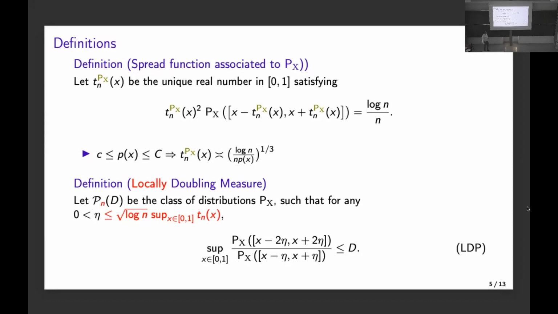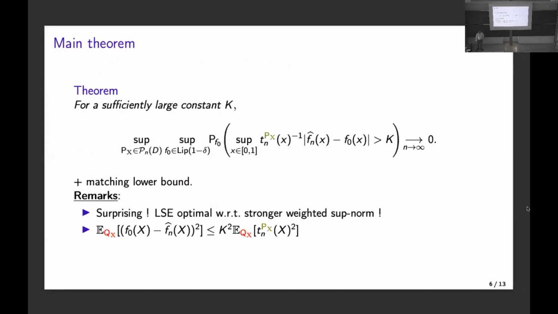Okay, so now I'm ready to introduce the main result. Basically it says that this weighted sup norm is, with high probability, upper bounded by some constant k.